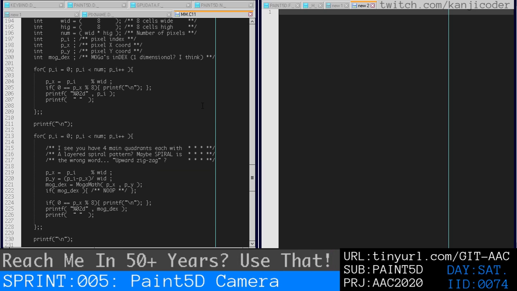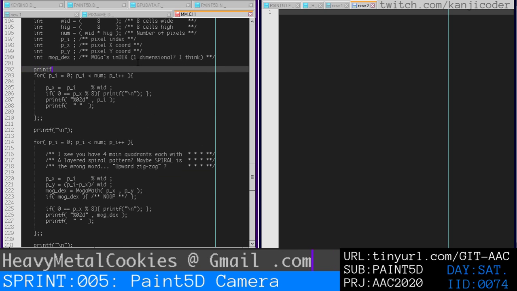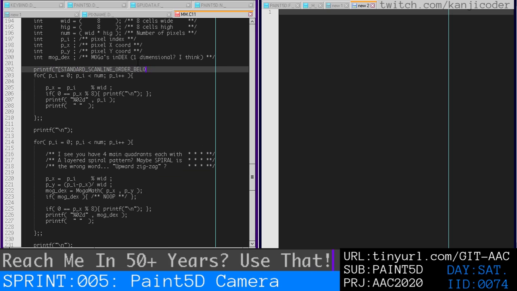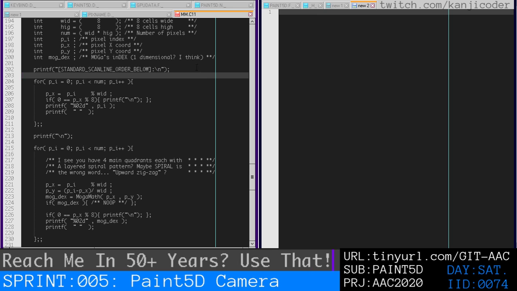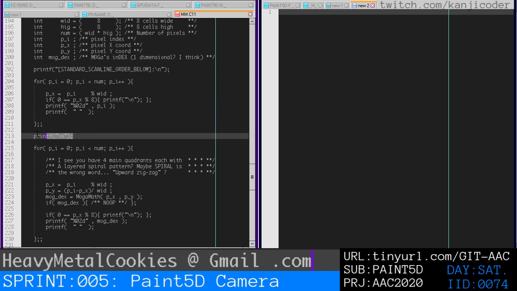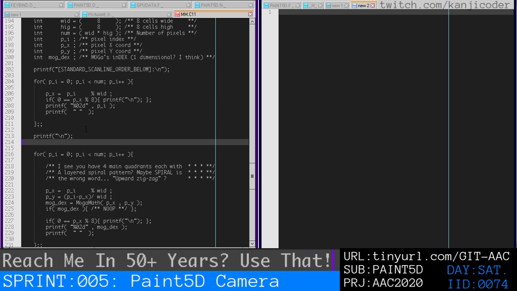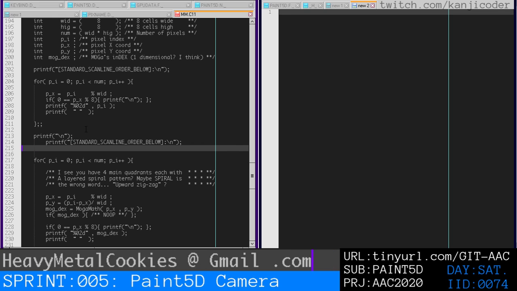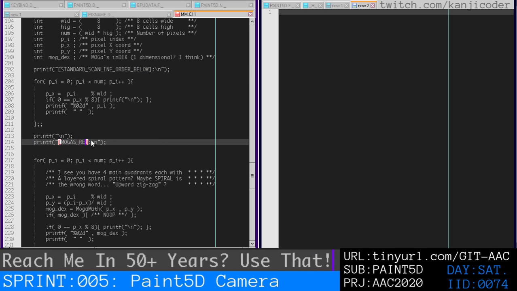So, printf, standard scan line order below. Okay. And this is Moga's remap.